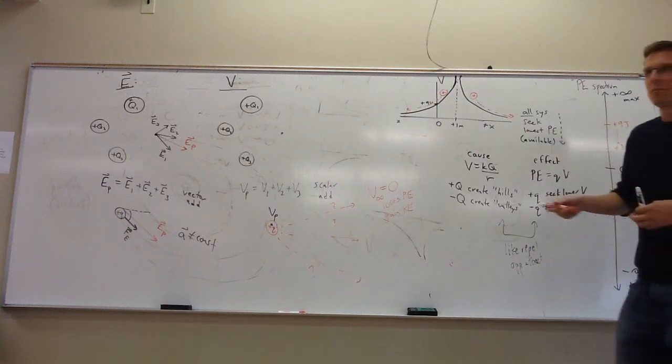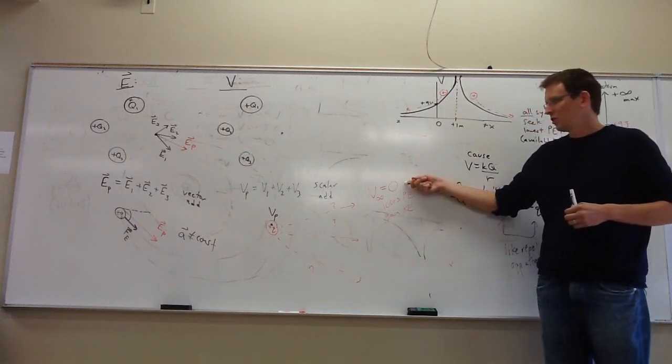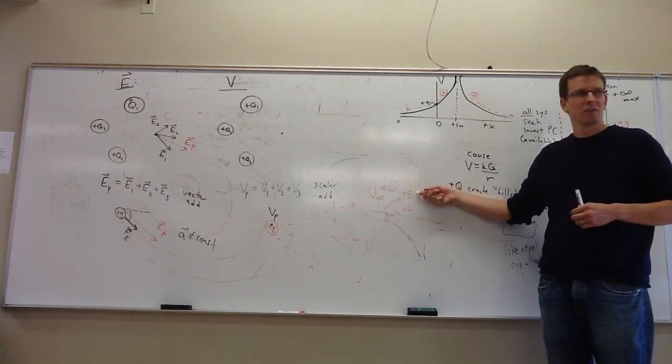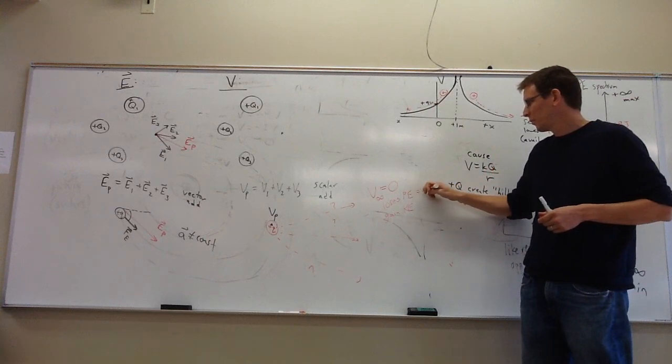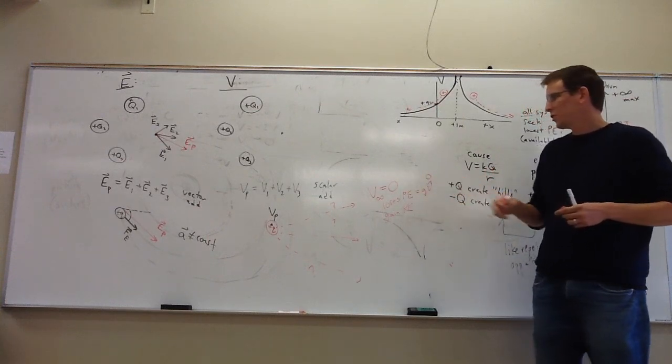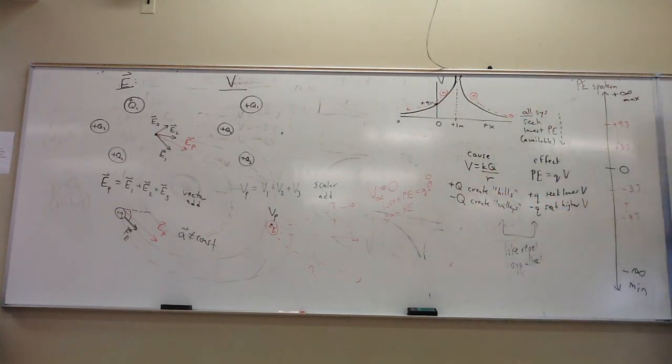And by the way, what is the potential energy here? If the voltage is 0, then what's the potential energy? 0. PE equals Q times V, so the potential energy will be 0. So this is a system where the floor happens to be here. So in that particular system, 0 is the stopping point because that happens to be the lowest available, right?